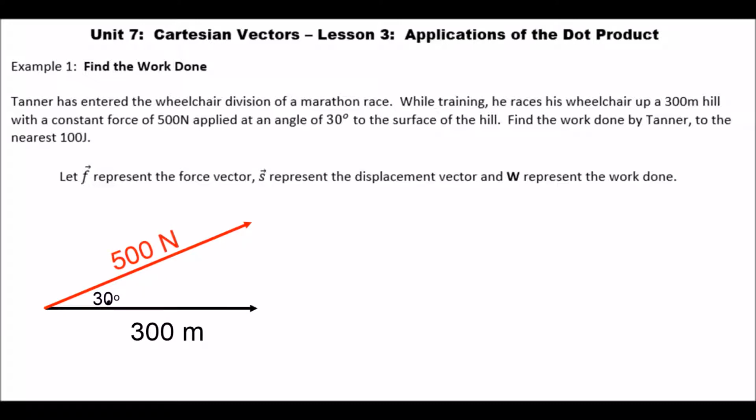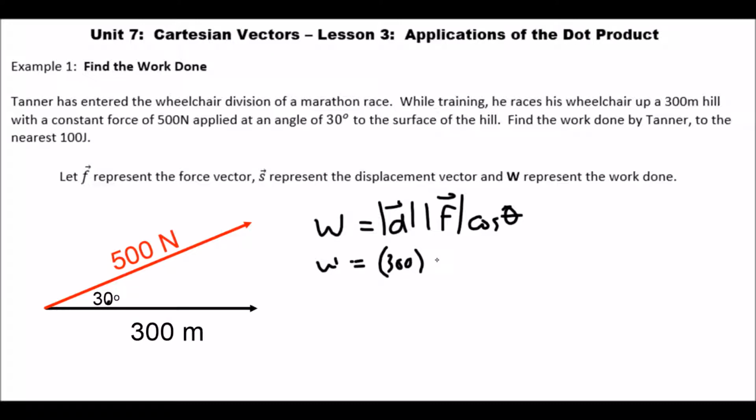So for this, I can simply use this formula here. Work is equal to the displacement times the magnitude of the force times cos of the angle relative to the object. So here W is equal to 300, bracket, force is 500, cos of the angle, which is 30 degrees.